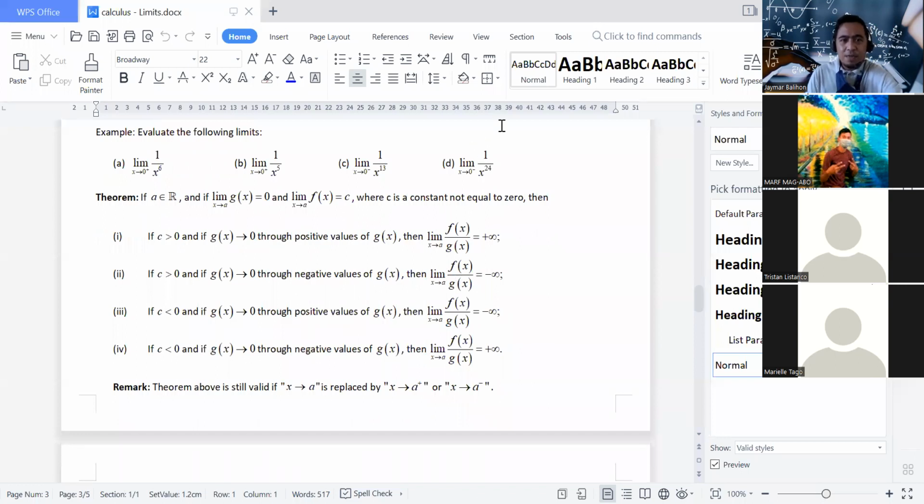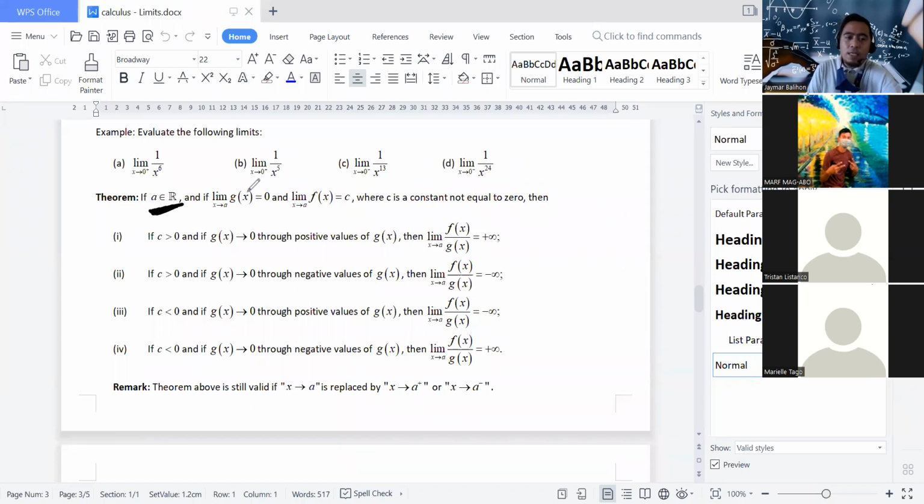Now, let's have another theorem stating that if a is any real number, and if the limit of g of x as x approaches a is equal to 0, and the limit of f of x as x approaches a is equal to c, or any constant not equal to 0, then the following will hold.